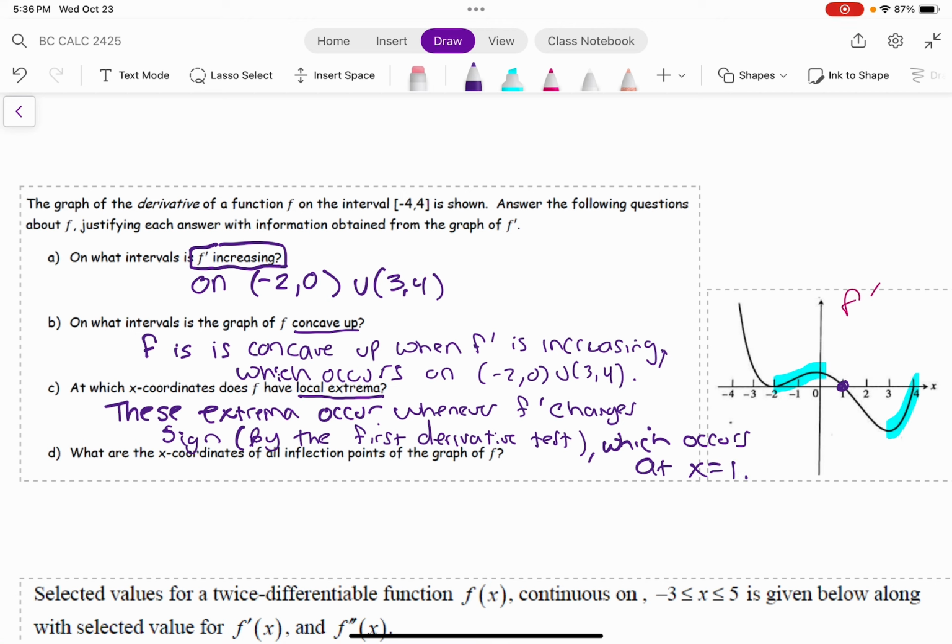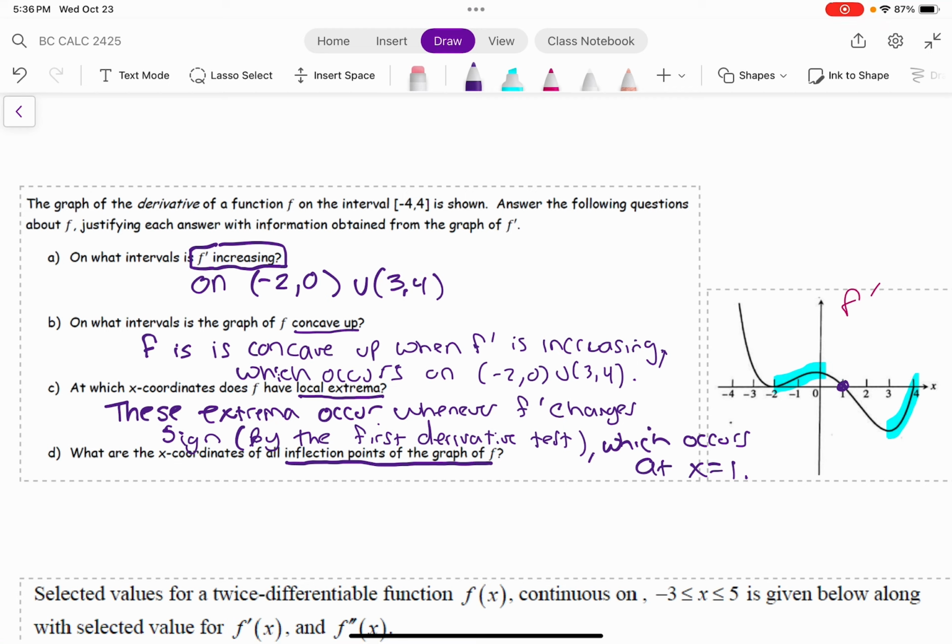What are the x-coordinates of all inflection points of the graph of f? So an inflection point is where a graph changes concavity. Now, the thing you've got to be aware of is that you're not going to get credit on a question like this unless your reasoning relates to the graph you're given.